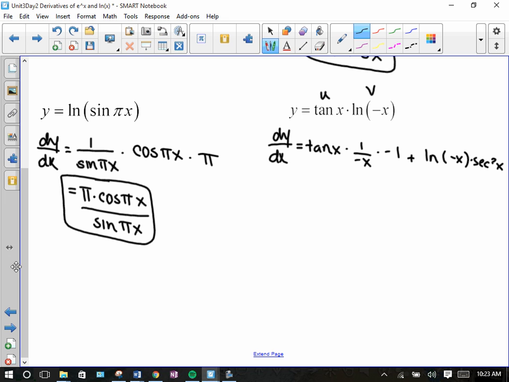The derivative of tangent is secant squared. We have tangent x over negative x. Actually, negative tangent x. Negative sign there. Plus secant squared x times natural log of 8.